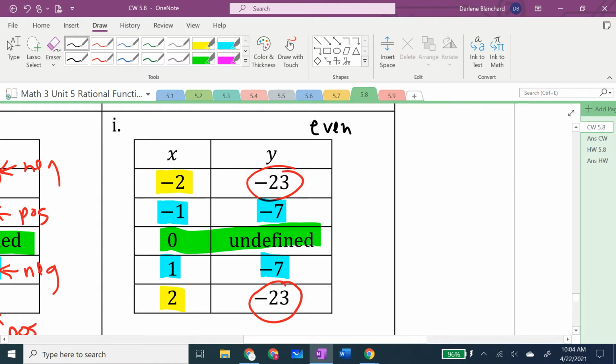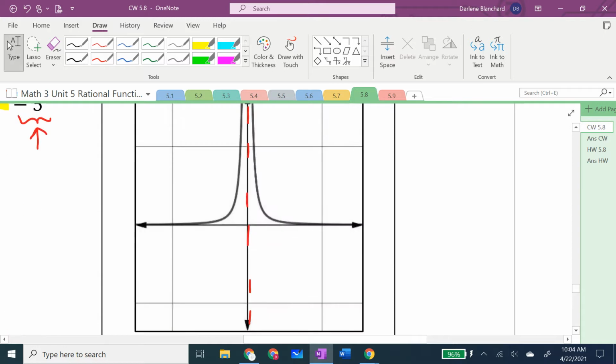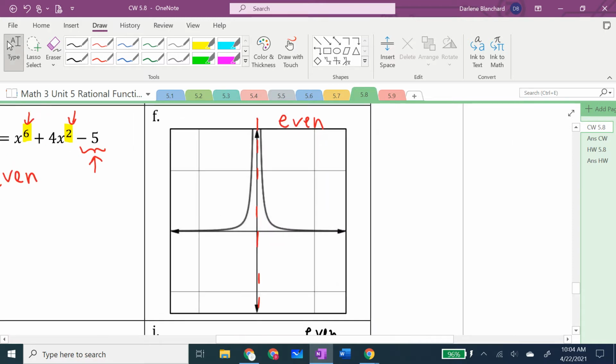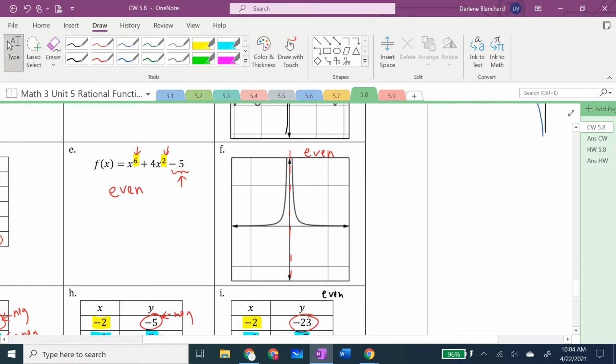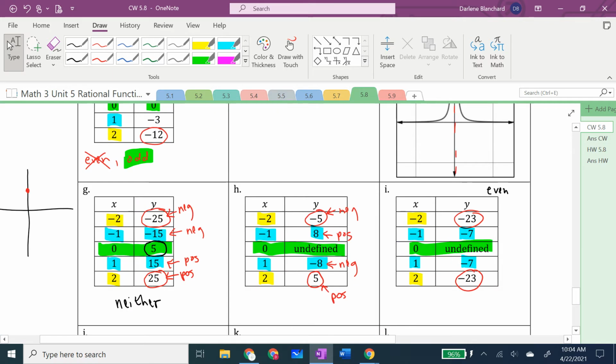And I want to show you an even graph where it's undefined at 0. This one right here, actually. This is a graph that is undefined. For the y-axis, there's no y-intercept, but it is an even function. So here's the bottom line. With an odd function, it matters what happens at 0.